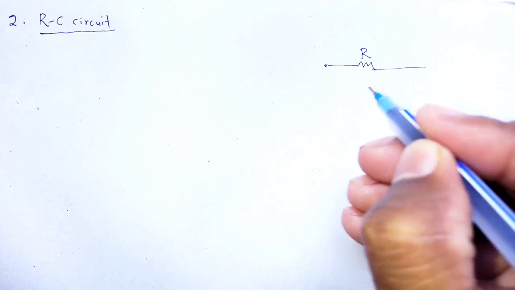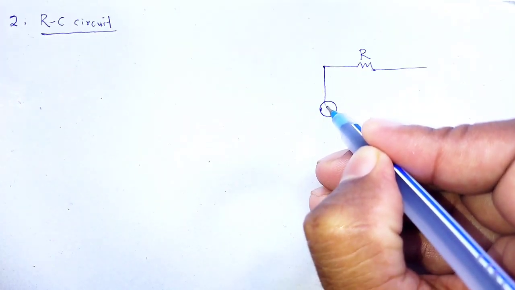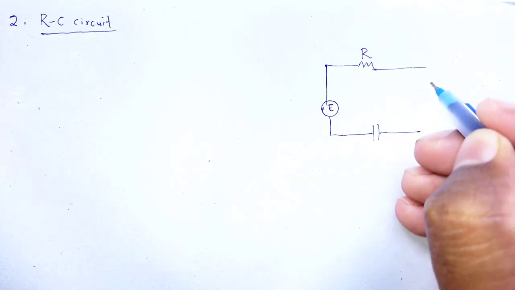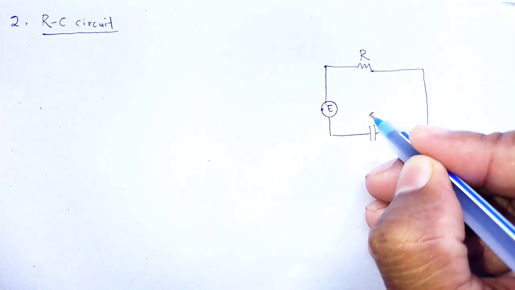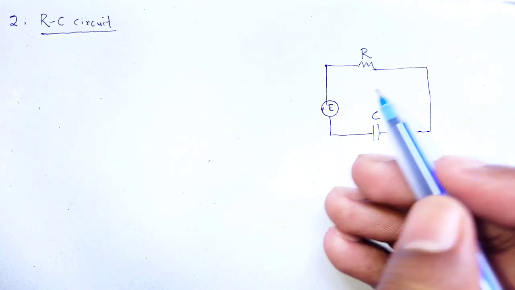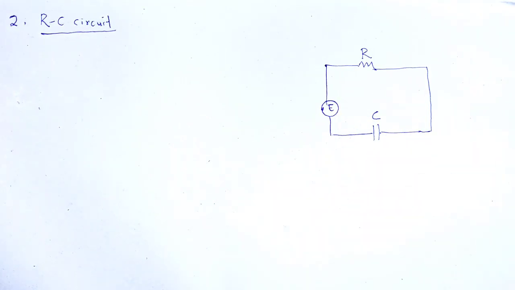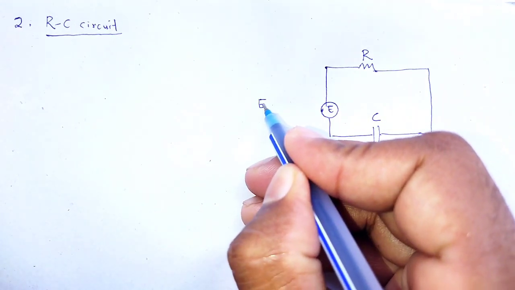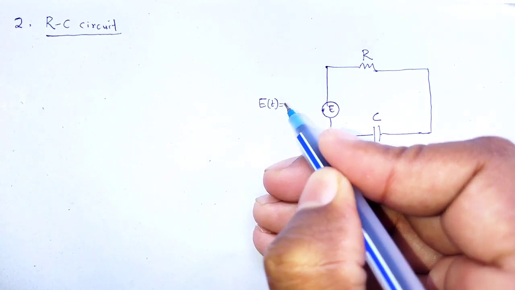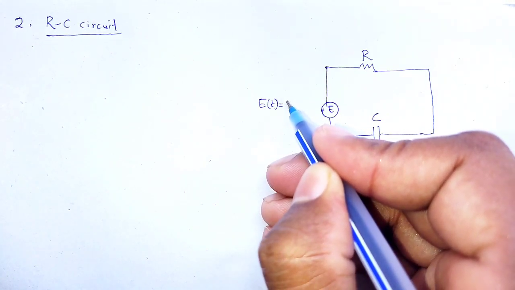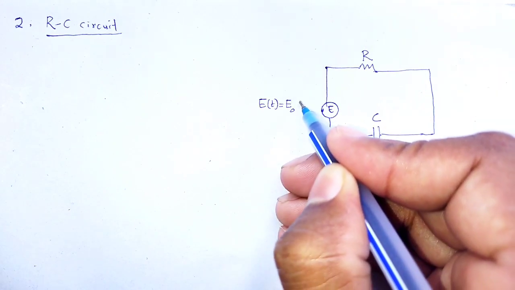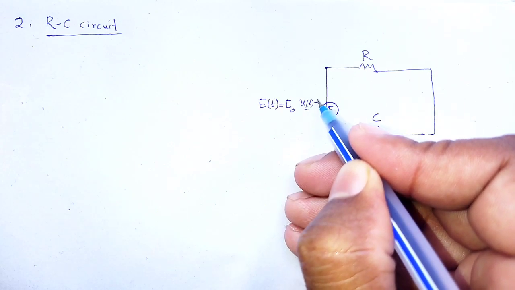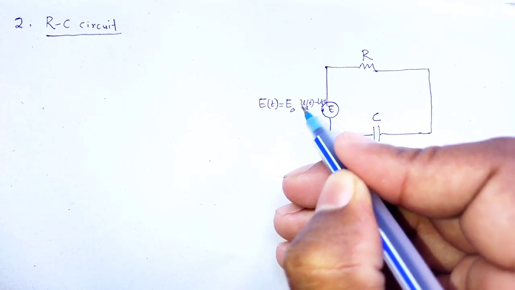Resistor having resistance R and capacitor having capacitance C, and a source of EMF is applied, and that E of t EMF is expressed as E naught u at t minus u at t.